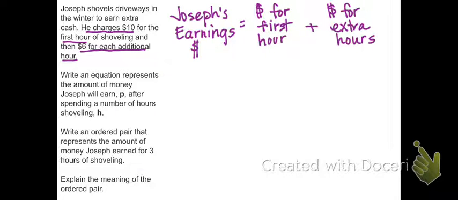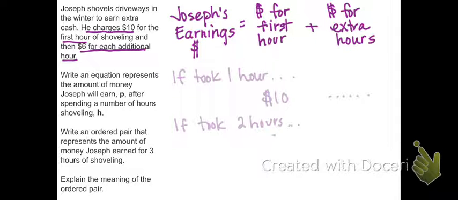So let's think of a couple of examples. What if Joseph took just 1 hour to shovel? How much would he earn? Well, he would get that $10 for the first hour, and then he didn't shovel any extra hours, so he wouldn't add any money for those extra hours. So it would be $10. What if he took 2 hours?